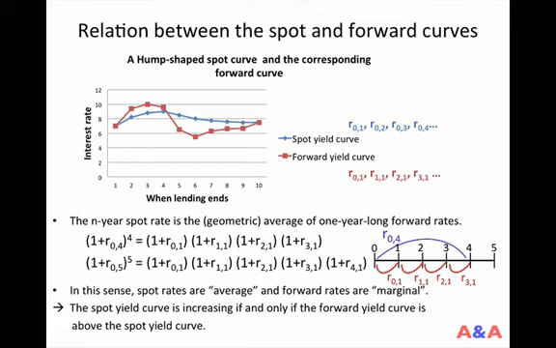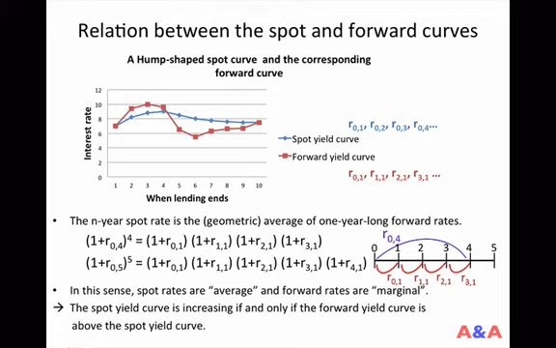To understand the theoretical relation between the spot rate curve and forward rate curve, it is useful to know that the n-year spot rate is just the geometric average of 1 year long forward rates. For example, lending your money through the 4 year long spot rate contract should be equivalent to lending your money through the sequence of 1 year long forward contracts.